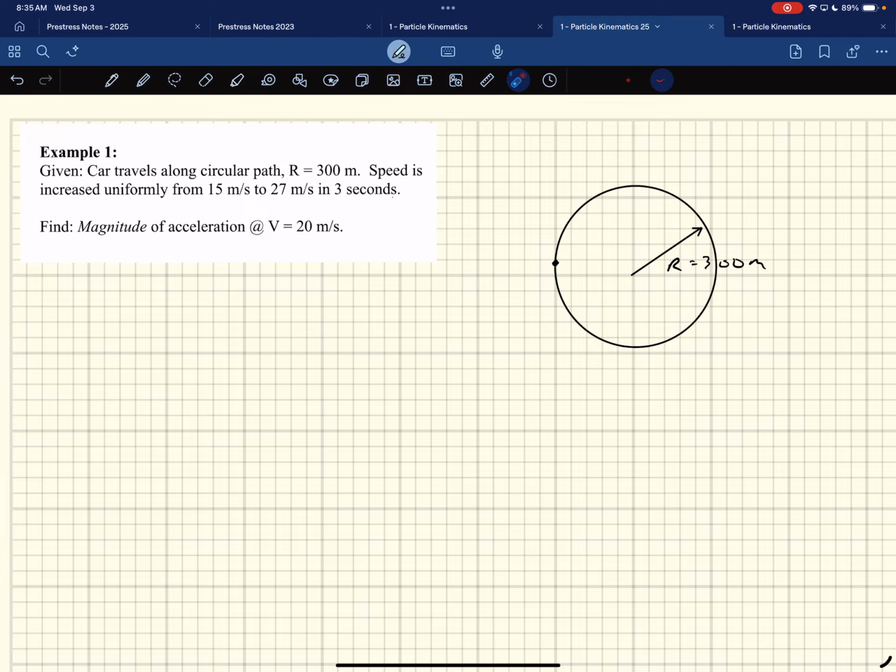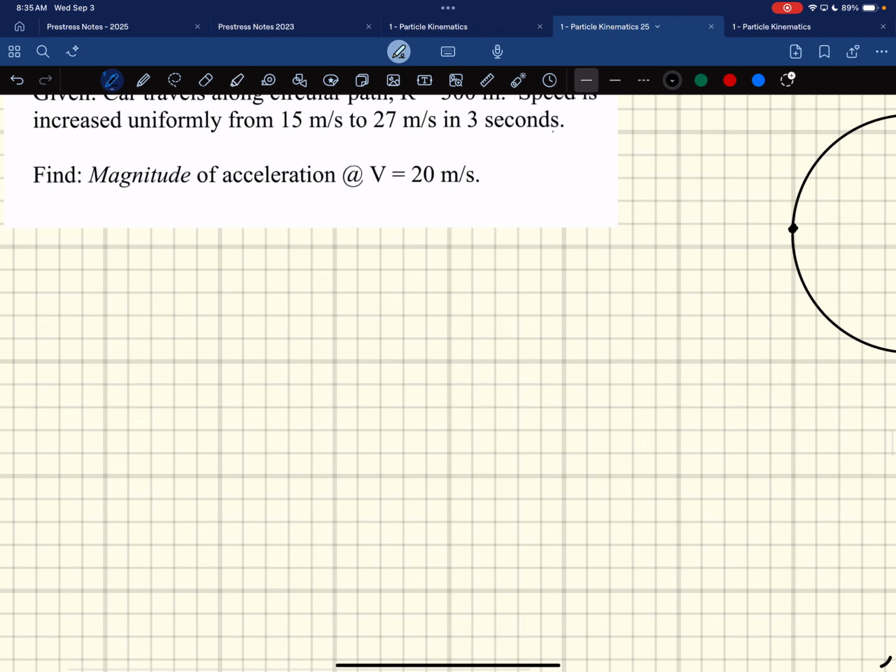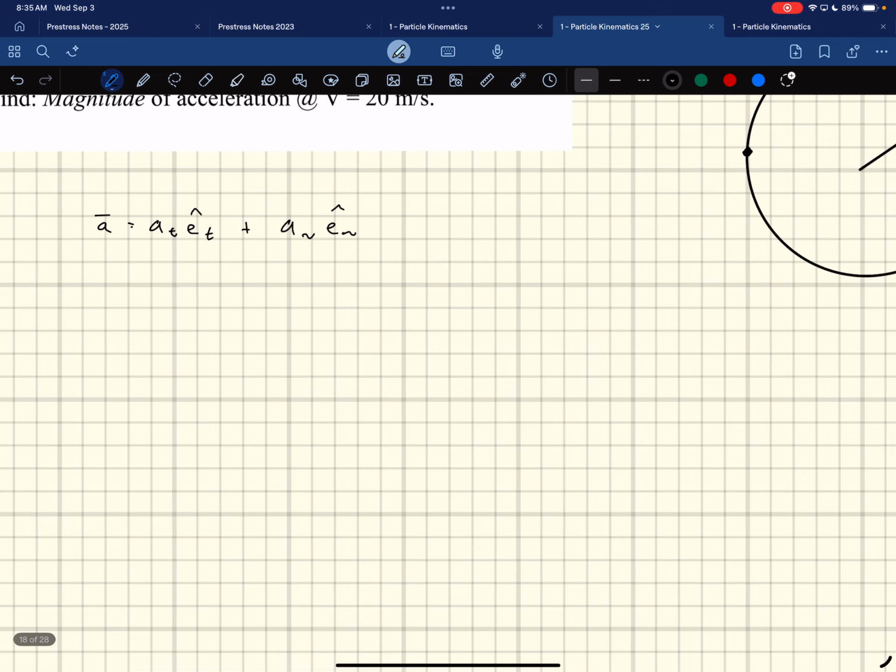So we're after acceleration, so I'm going to write down what acceleration is. An acceleration vector is going to be AT in the ET direction plus AN in the EN direction. AT is our change in speed, and this is going to be a constant acceleration.